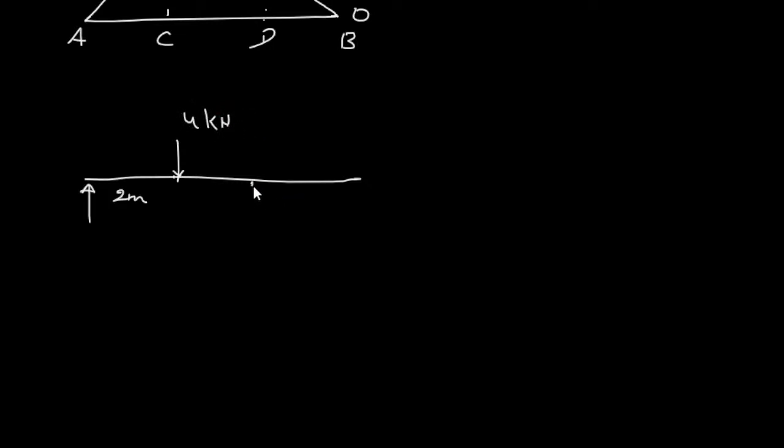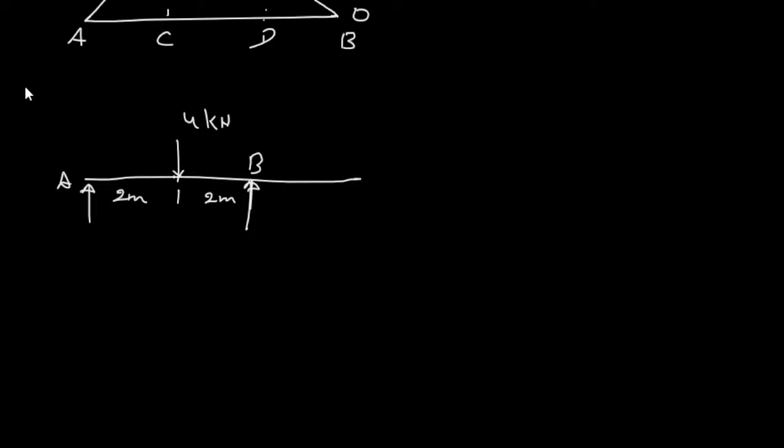Then at 2 meter from here I have a support reaction. So this is A and this is B. So RA and RB we will get, and then there is an overhang.